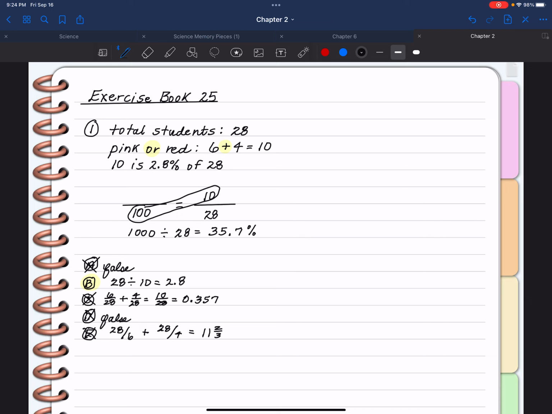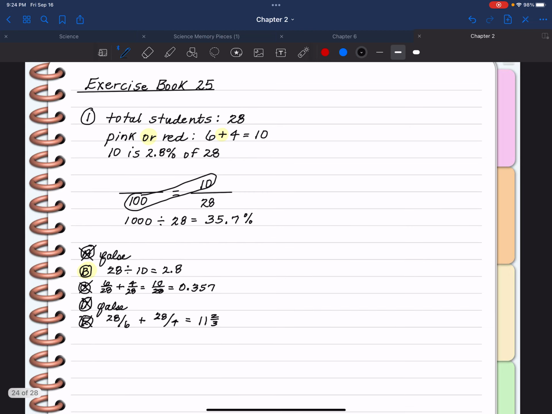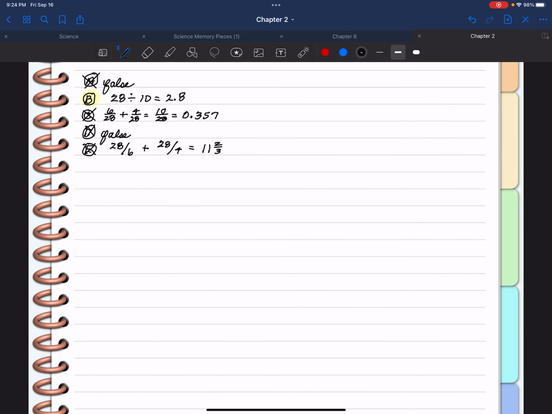Number 2, what is the approximate percentage of students who chose pink or blue as their favorite color? So let's go right here. We know the total number of students is 28. So that's the whole.